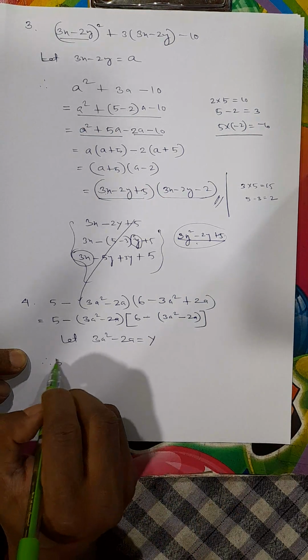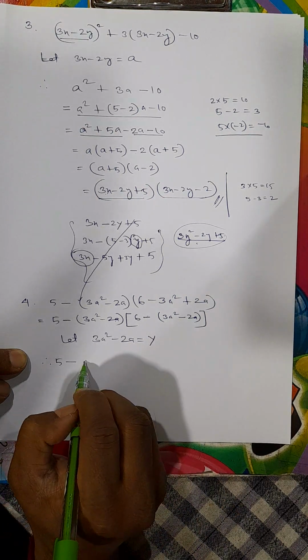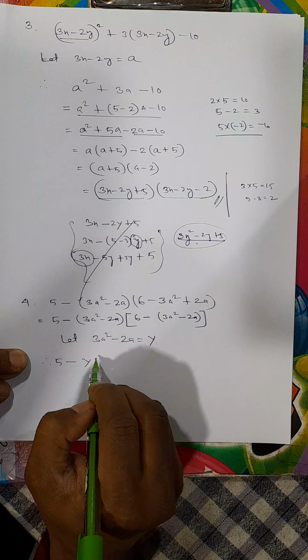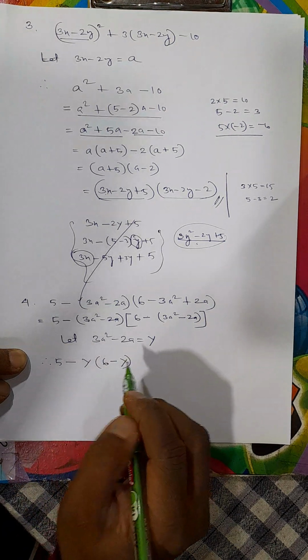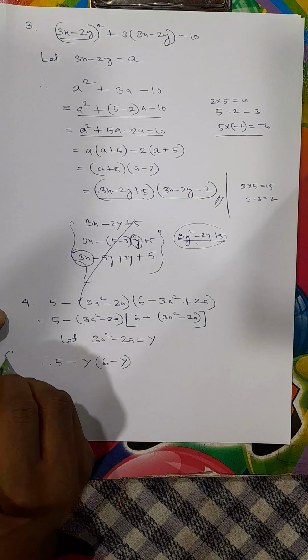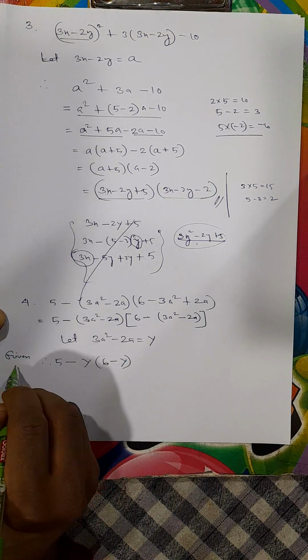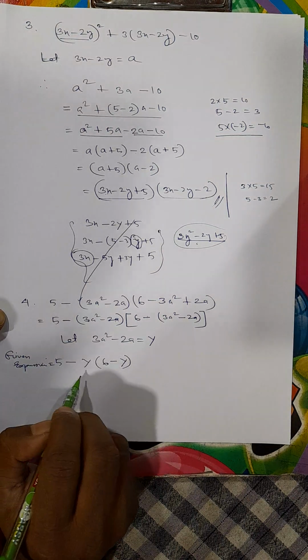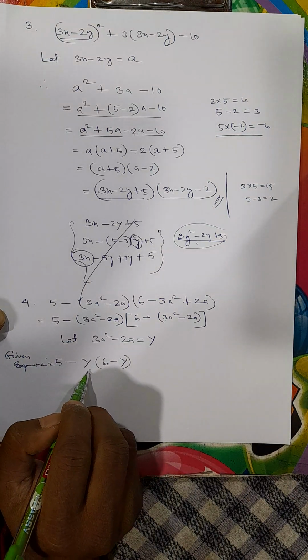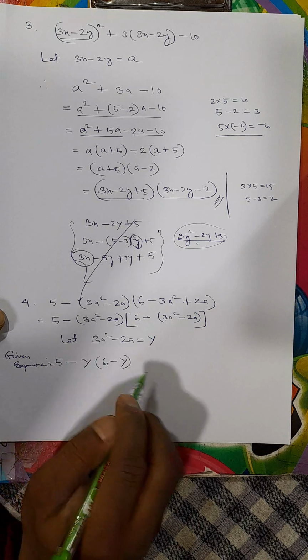Therefore, 5 minus y multiplied by 6 minus y, that is the given expression, equal to 5 minus y multiplied by 6 minus y.